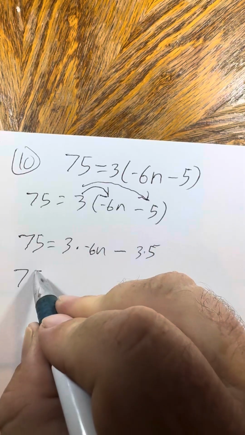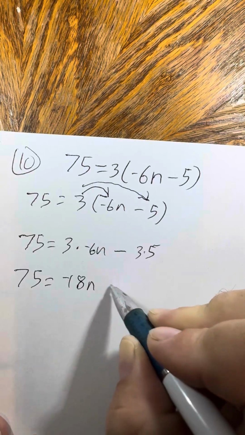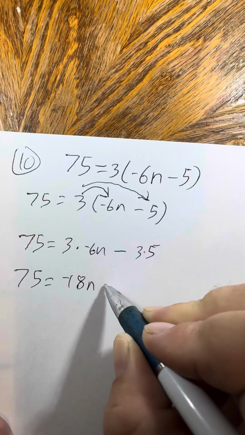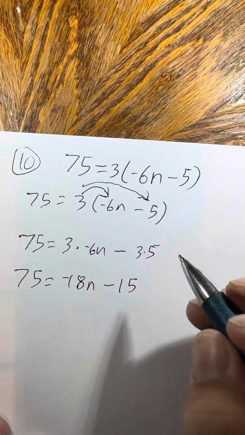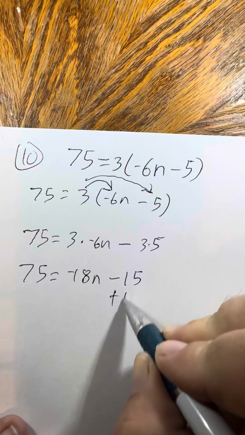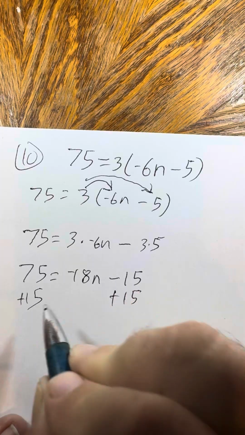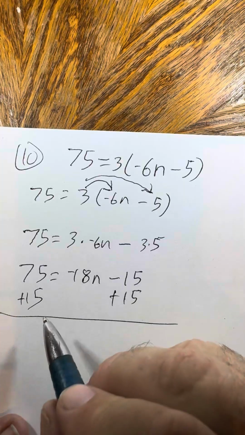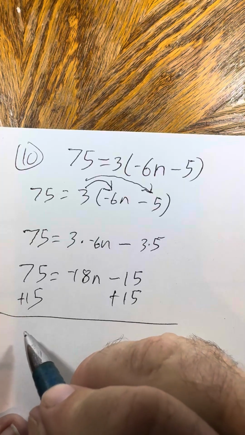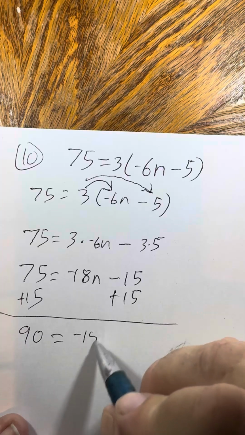So 75 equals 18n plus 15. Okay, now we need the n by itself. So we're going to subtract 15 from both sides. 60 equals 18n.